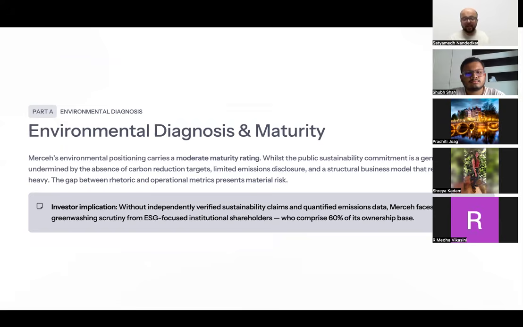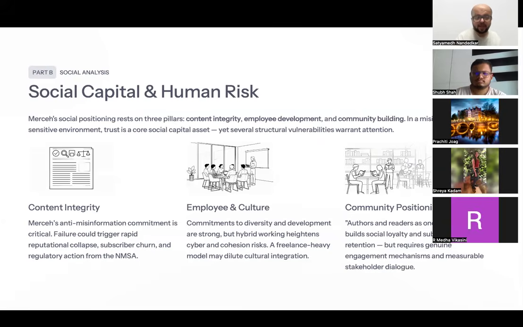Right now, the company has made a very public declaration that it wants to remain aligned with environmental protection, but you don't see too many measures being implemented by the company on that perspective. And your institutional investors are ESG focused, and they comprise 60% of the ownership base. ठीक है.